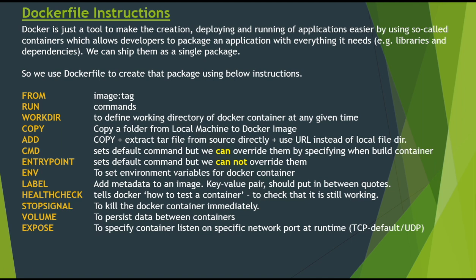We should put those key-value pairs in quotes. Then we have HEALTHCHECK. We can also define a health check to tell Docker how to test whether our container is working or alive, running or failing. All those checks we can define here in our Dockerfile.